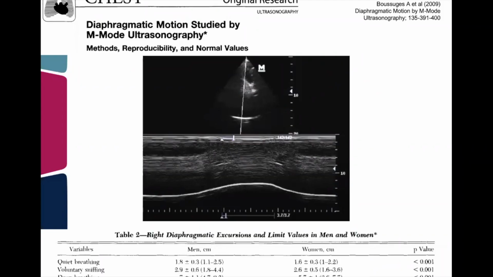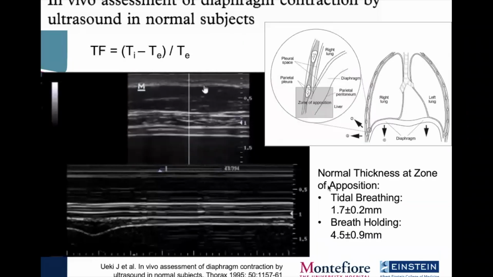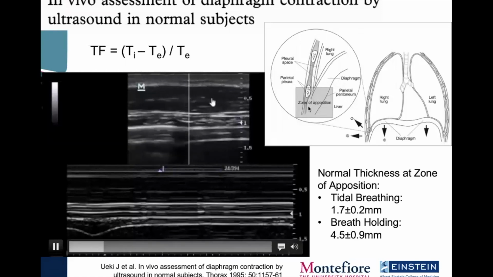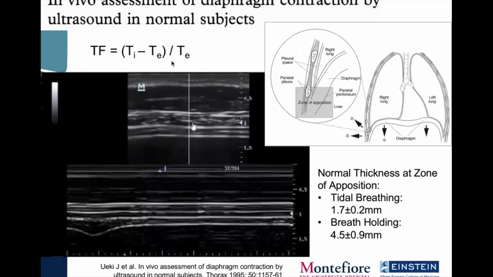Beyond the excursion, there's also diaphragm thickening that people look at. Here we're looking at diaphragm thickening with respiration, and this is viewed at the zone of apposition, which is right here where the diaphragm and the pleural line interface.